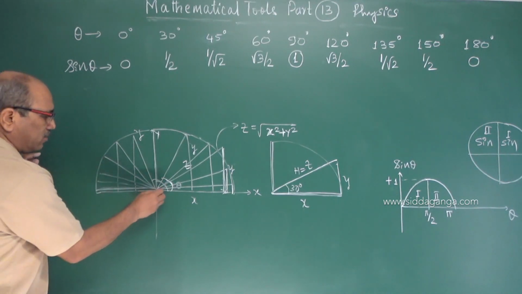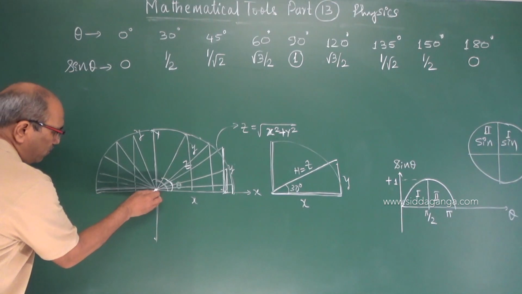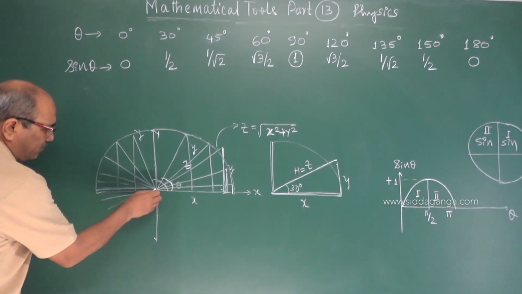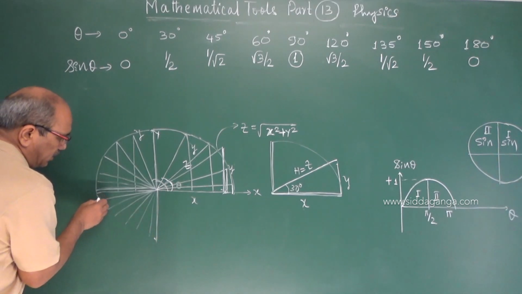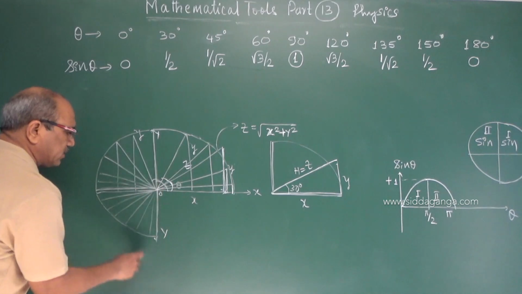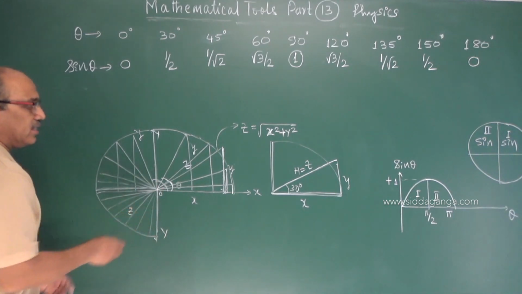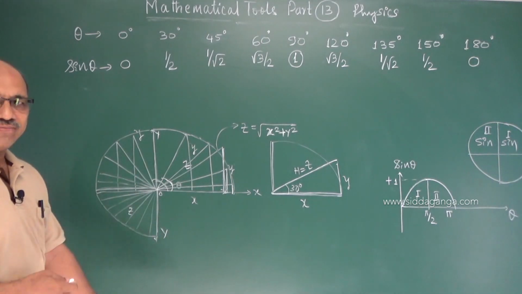Now think about the third quadrant. What happens? Again, if you take it likewise, I am not showing all of those, I come to a particular data. See, y value is negative. It is the negative y axis. Z may be positive, but y is negative. Therefore, sine takes negative values.